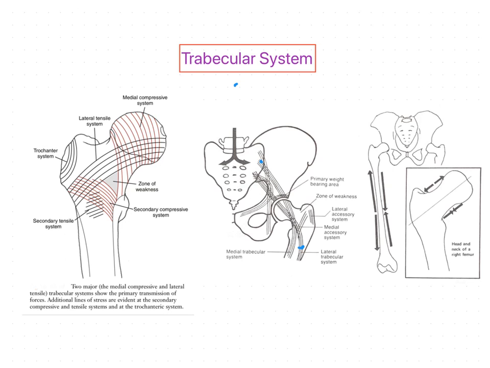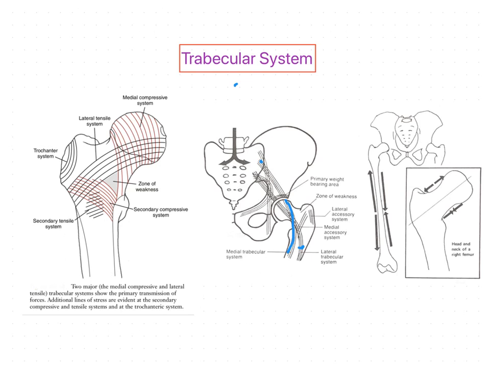The medial trabecular system arises from the medial cortex of the upper femoral shaft and radiates through the cancellous bone to the cortical bone of the superior aspect of the femoral head. So this is the medial trabecular system.